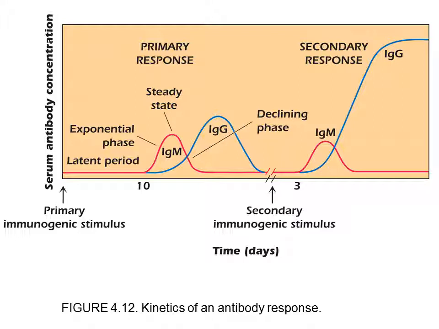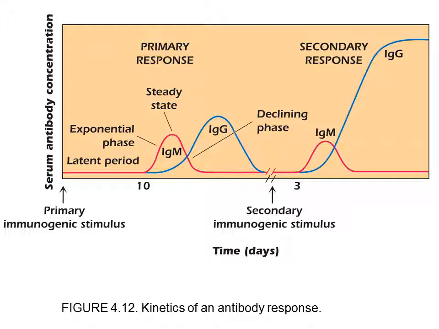But the body doesn't know that you want to have it for the rest of your life. So you have to stimulate again with a second booster. You give a second immunogenic stimulus, and this should be at least a month or two apart. You cannot have two injections at the same time. It will be of no use.